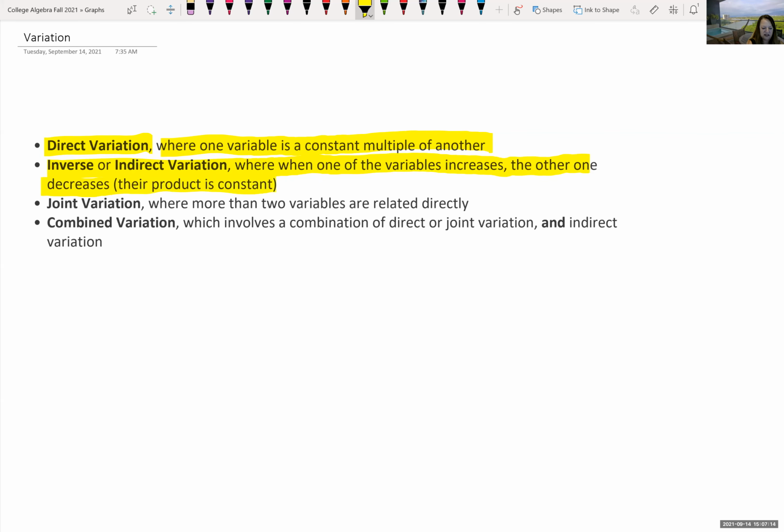Their product is constant. All of these have some constant, and we usually denote it by the letter K, and we'll do that in a second. Joint variation, this is where more than two variables are related directly. Combined variation, this involves a combination of direct and joint variations and indirect variations.